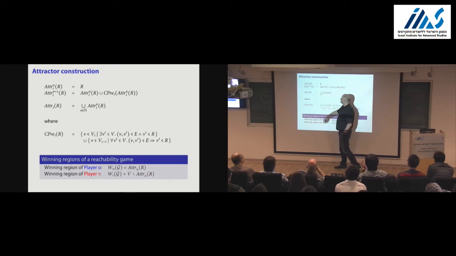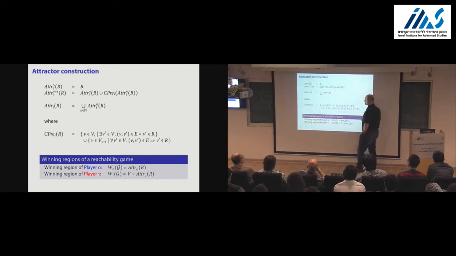Not just the set of goal states here, but, for example, the nth attractor. So either the state is owned by me and there's an edge that leads into this goal set, or the state is owned by the opponent, and for all successor states, that is for all states where there is an edge in E starting from V, well, the target state is in R.